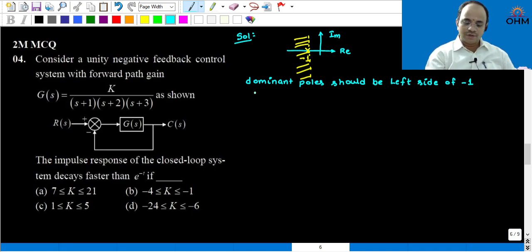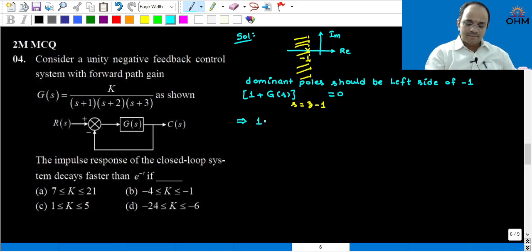In order to find out that, in the characteristic equation, you should replace s with some other variable, let us say s equal to z minus 1. Now, for this new equation, you apply Routh's method, the Routh table, and then find out the condition for stability in the new variable. Let us see that.